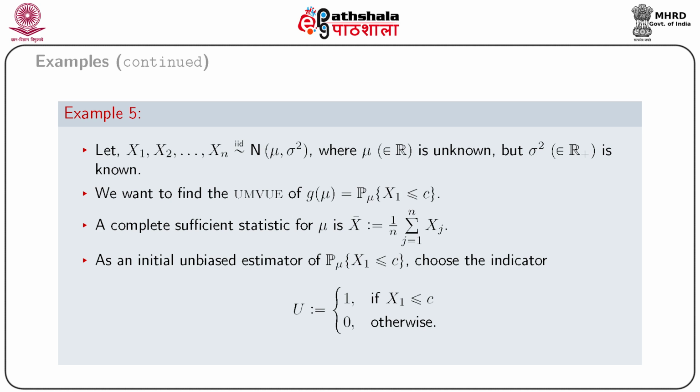Let us define a statistic U equal to 1 if X1 is less than or equal to c, and equal to 0 if X1 is greater than c. Then expectation of U is equal to probability X1 less than or equal to c, which is equal to pi c. Therefore, U is an unbiased estimator of pi c.